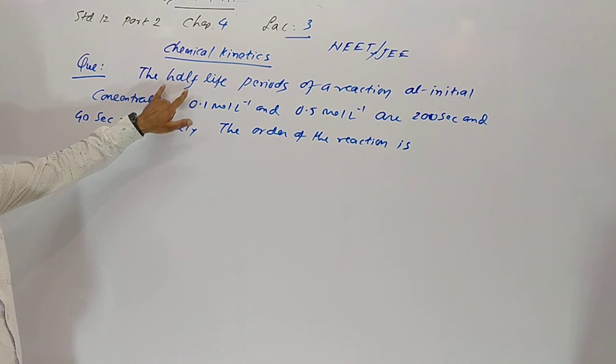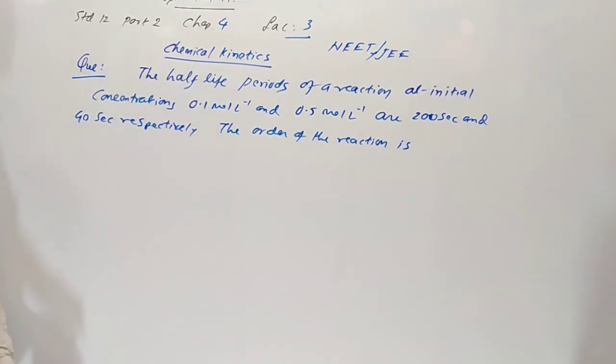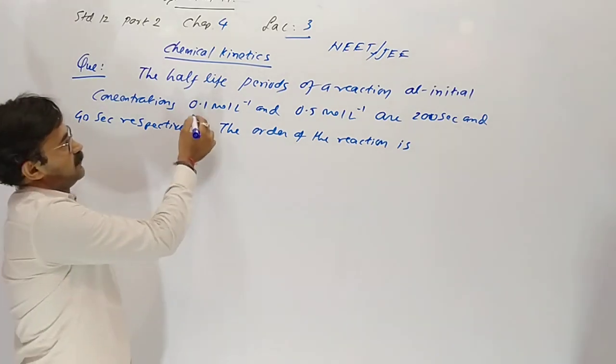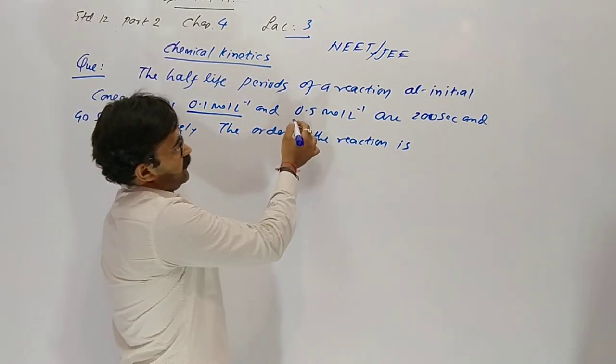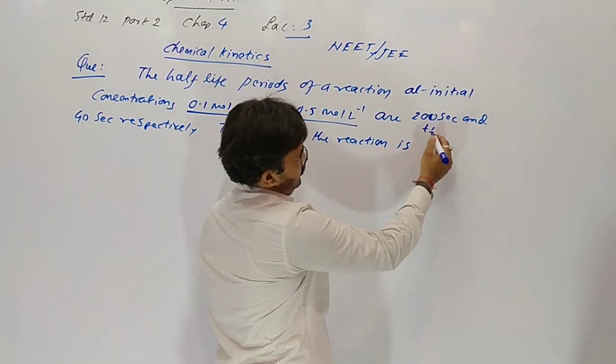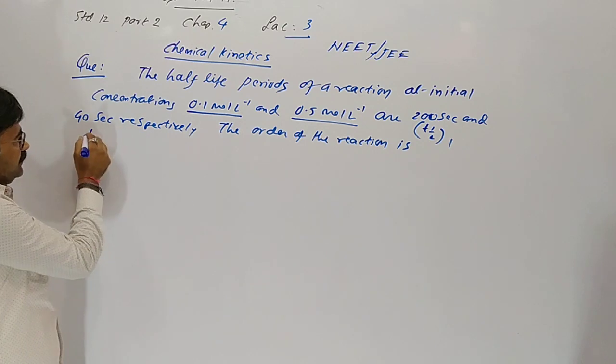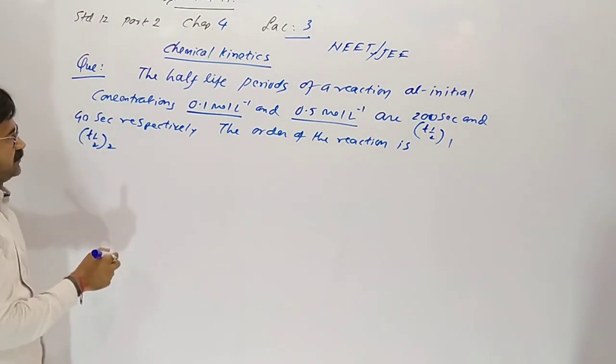I am giving you the question: half-life period of a reaction at initial concentration 0.1 mole per liter and 0.5 mole per liter. T1 in the first case is 200 second, T1 in the second case is 40 second.